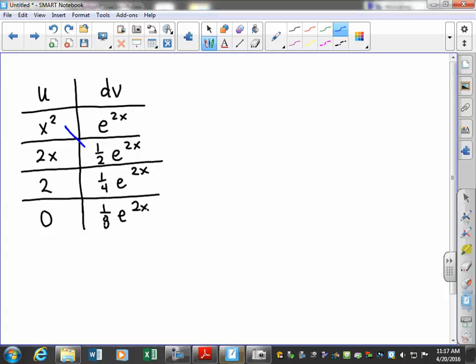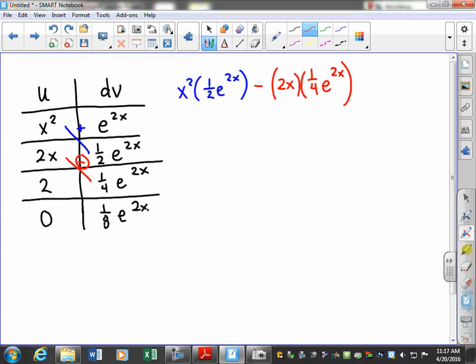So we're going to do x squared times 1/2 e to the 2x, and this one's plus. Okay, then we're going to have this next, and it's going to be minus. So then we'll have minus 2x times 1/4 e to the 2x, right?